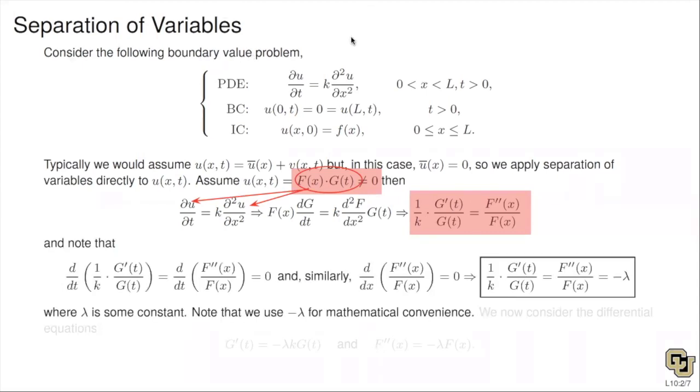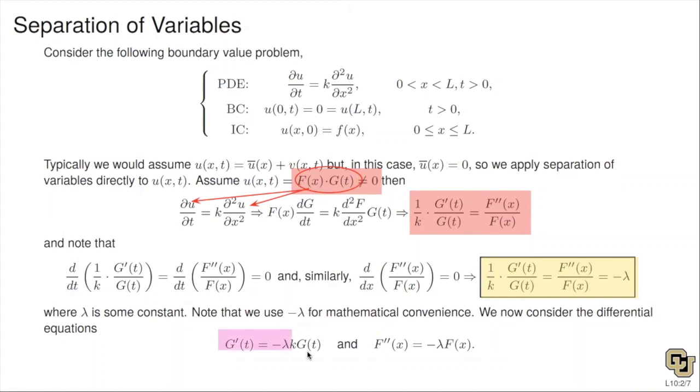Here we set them both equal to a constant that we're calling negative lambda. Why the negative? It's just convenient mathematically. It'll fit our intuition later. And so now we end up getting two new sub-problems.